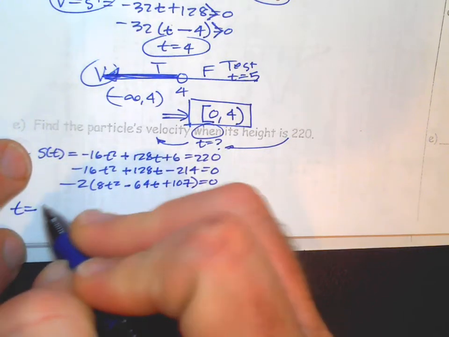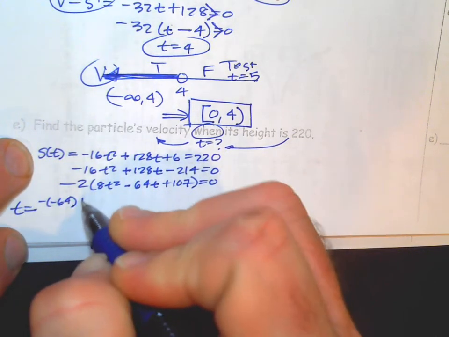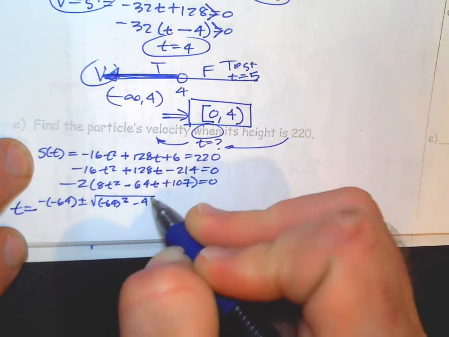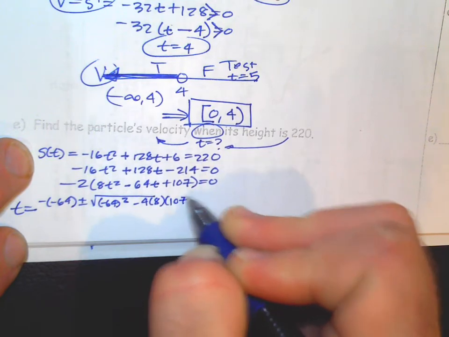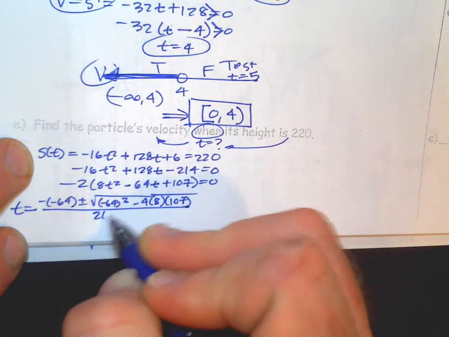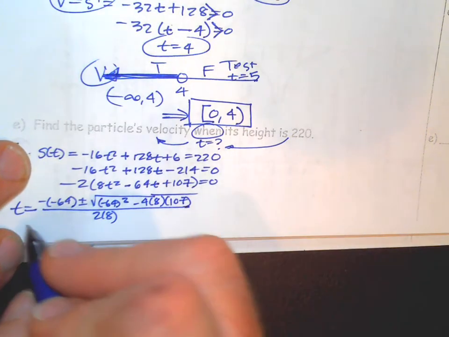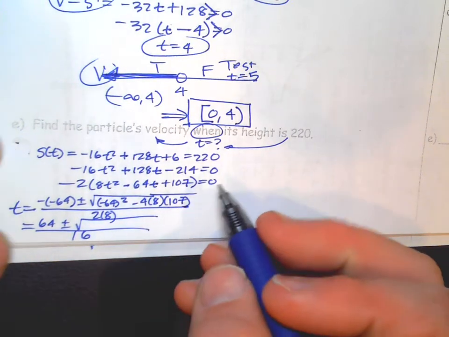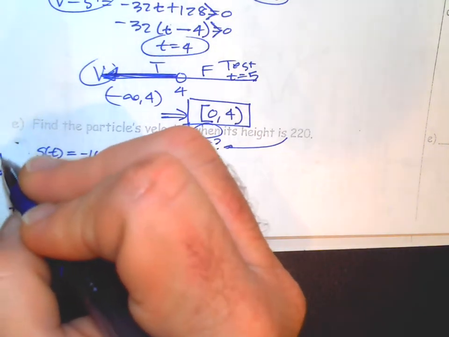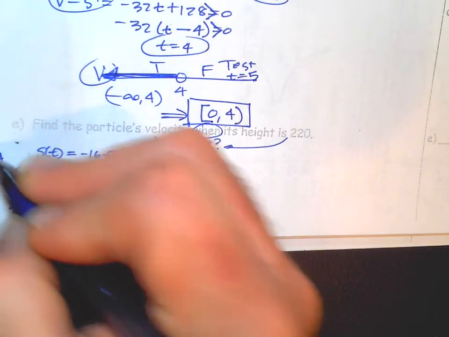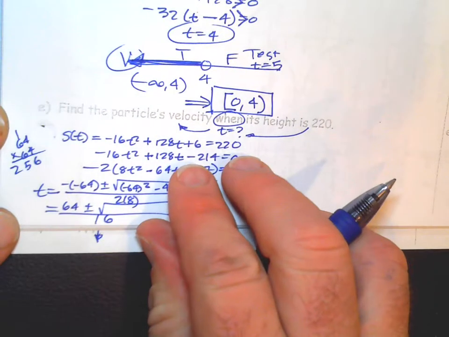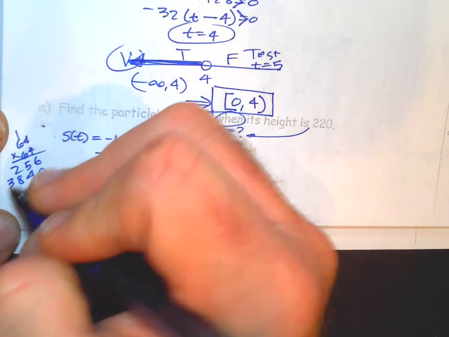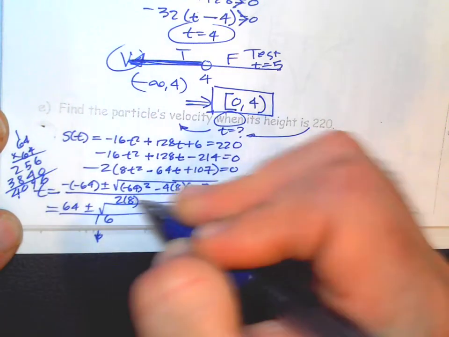T equals negative b plus or minus the square root of b squared minus 4ac, all over 2a. So this is going to be 64 plus or minus the square root. So what's 64 squared? 4,096.